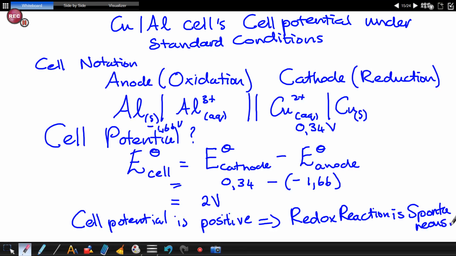And I'll end there. So we'll carry on from here. Then we will do examples where we need to look at the reversibility of the reaction and its effect on the cell potential, and we also need to look at non-spontaneous redox reactions.